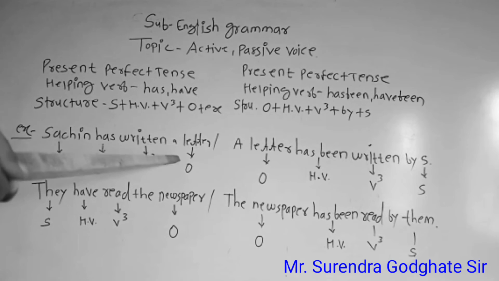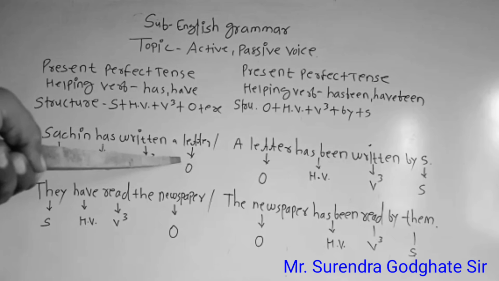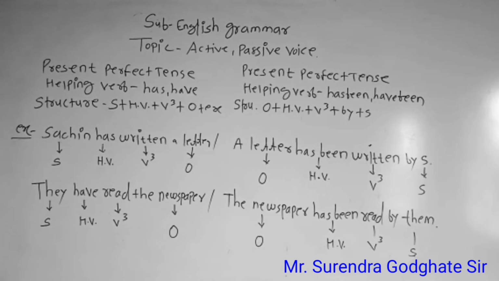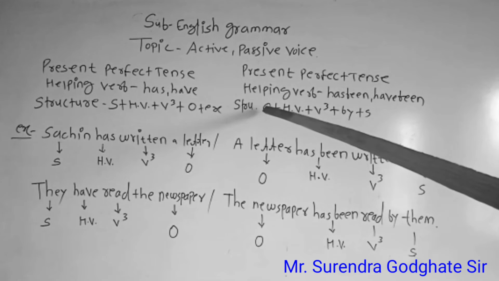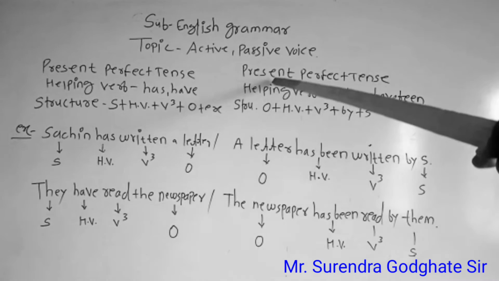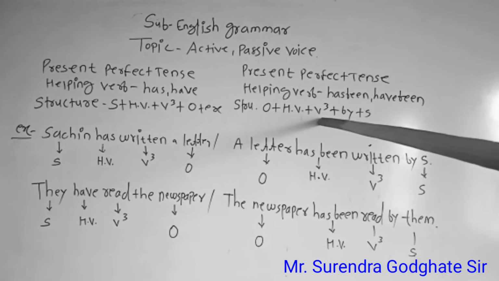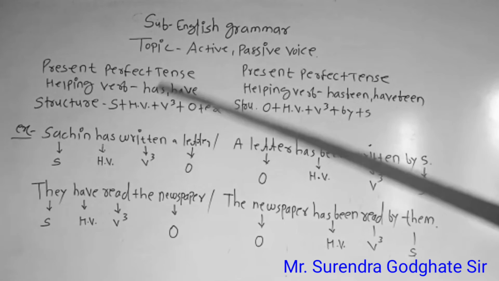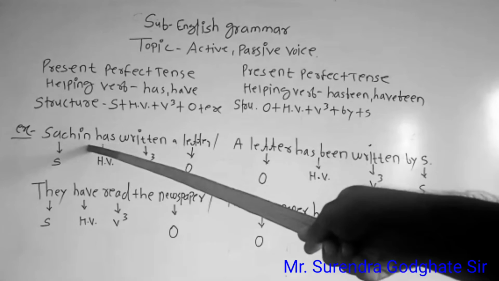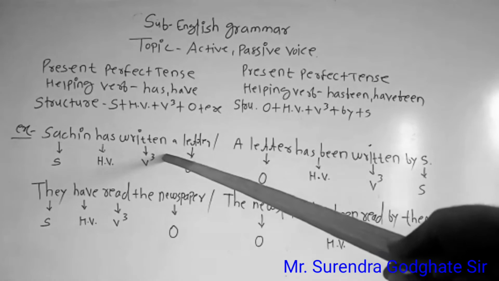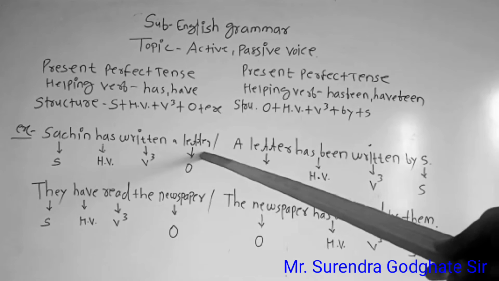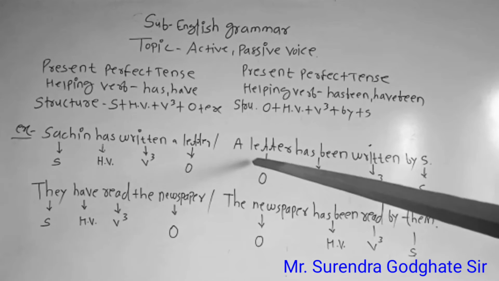So while converting active to passive, let us see the structure of the present perfect tense, passive voice: object first, helping verb, v3, by plus subject. In the sentence Sachin has written a letter, letter is the object, so we take first in the passive voice a letter.